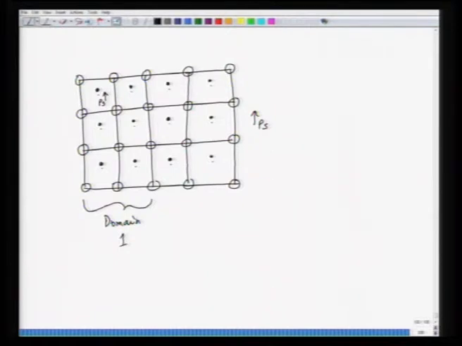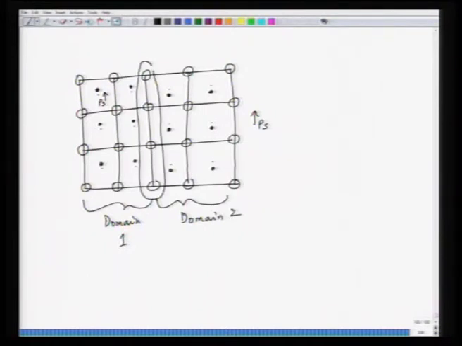So, what essentially it will mean is that this atom which is here will move here, and so this would convert into domain 2, and this wall region will be the 180 degree domain wall.